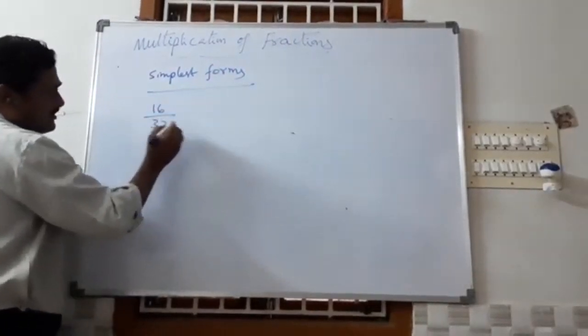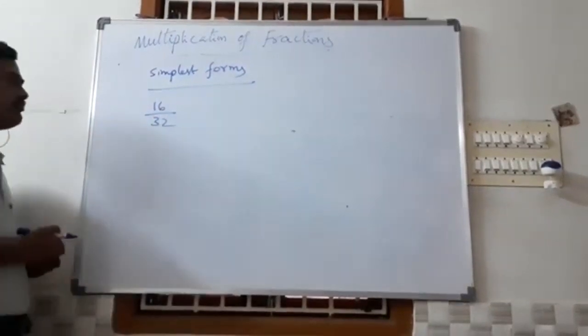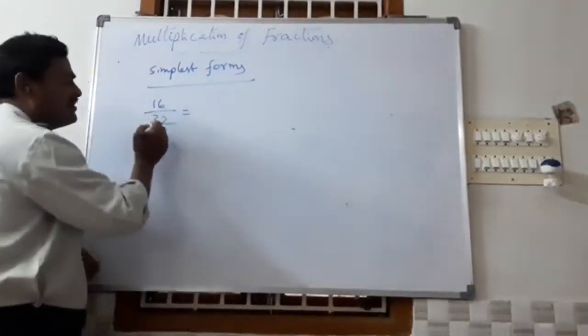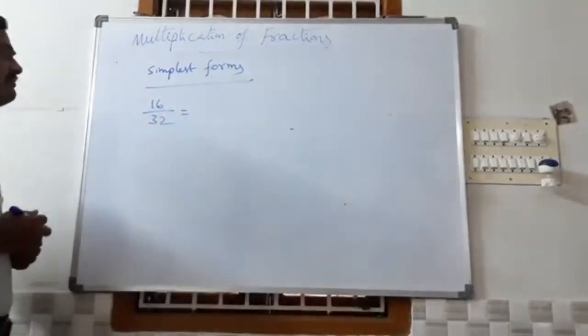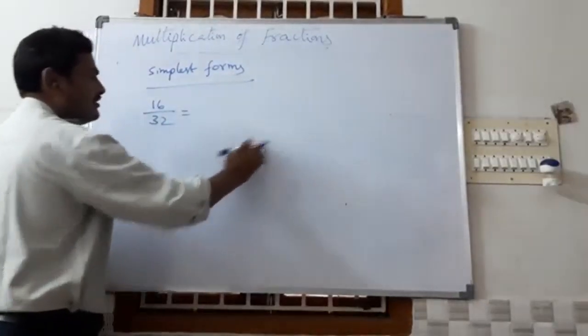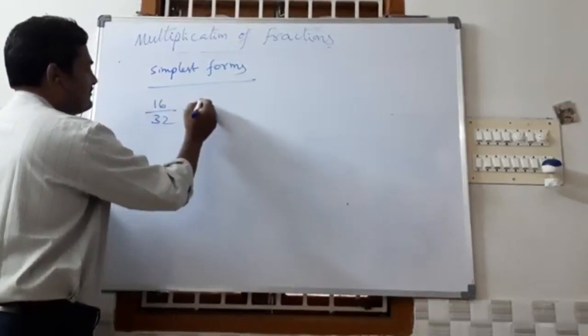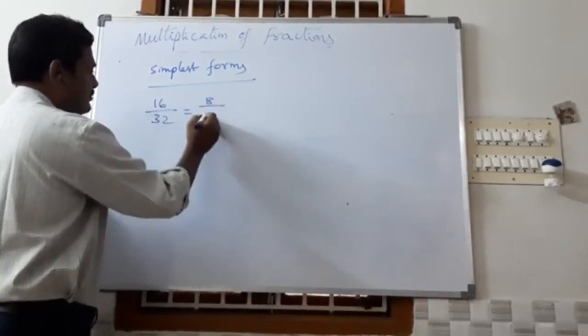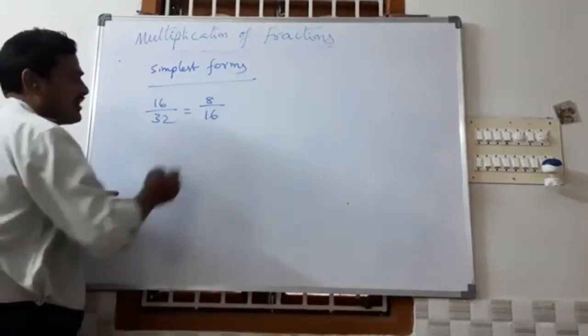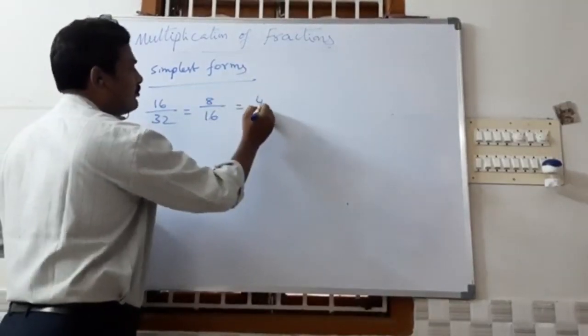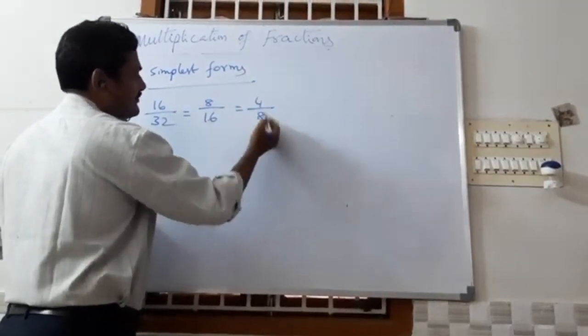16 by 32. So we want to cancel the same number in the numerator and denominator, the same table. Then we get the simplest form. For example, 2 table cancel means 2 8s are 16, 2 16s are 32. Again 2 table: 2 4s, 2 8s.